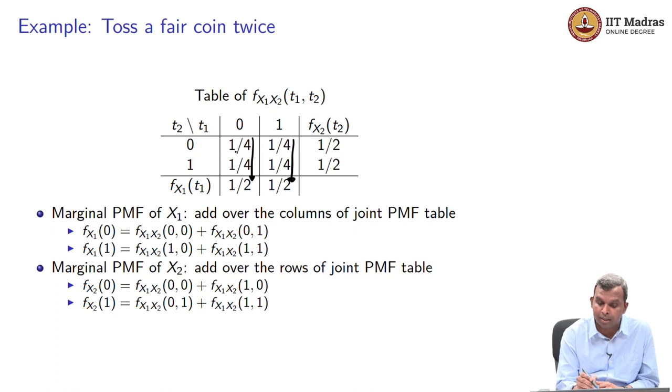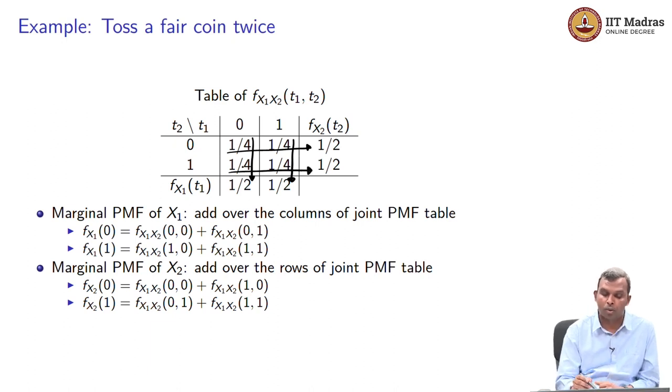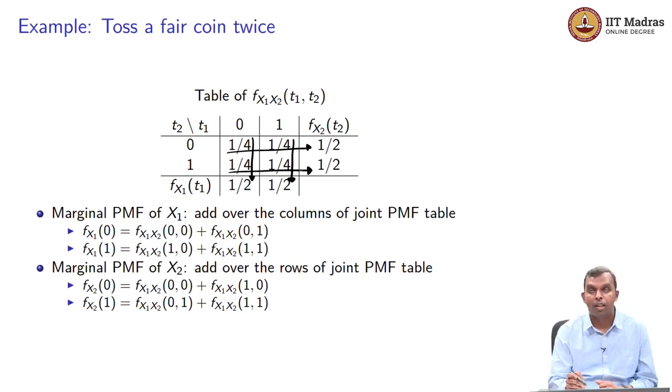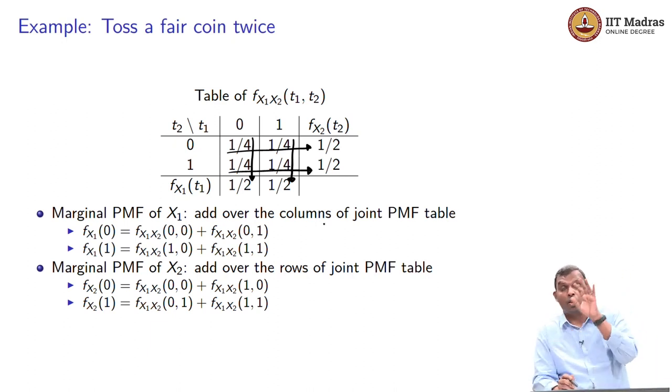This is how you marginalize, and then likewise you add along the row, you will get fx2 of t2. So 1 by 4 plus 1 by 4 is 1 by 2, 1 by 4 plus 1 by 4 is 1 by 2, like that. Once you write the joint PMF as a table, how do you marginalize? You just sum over either the rows or the columns.